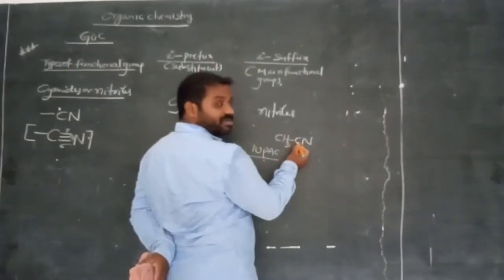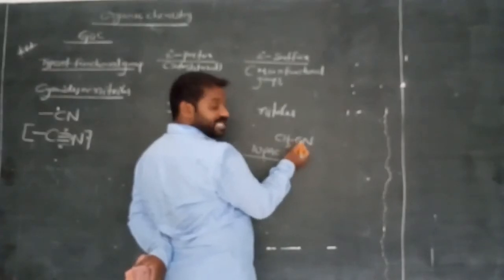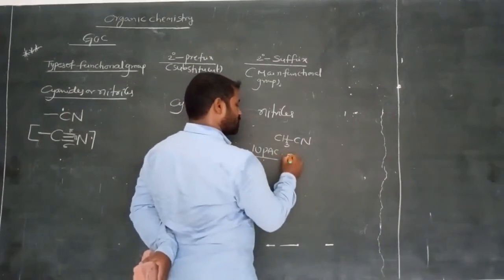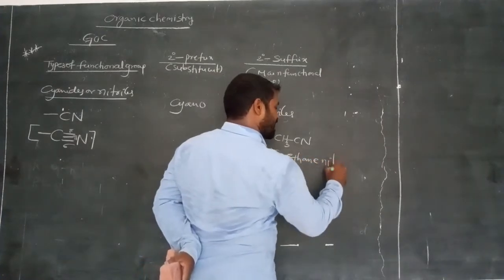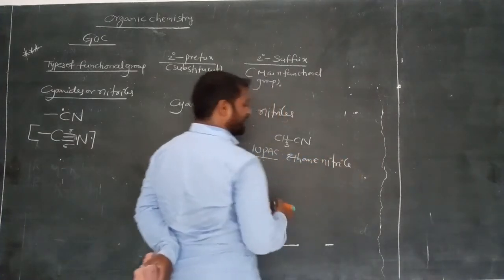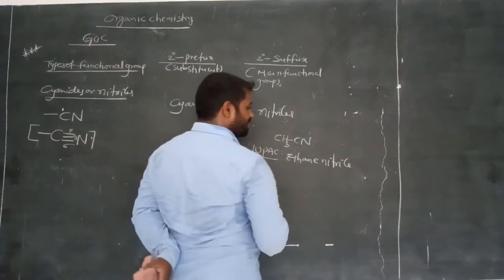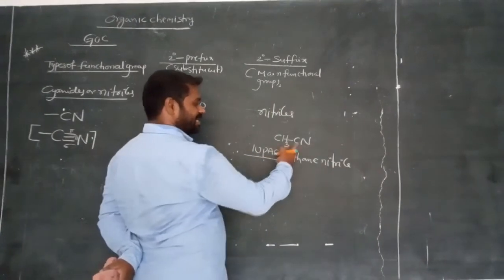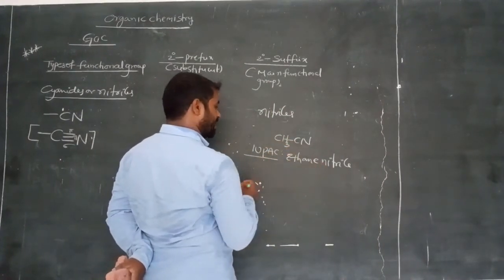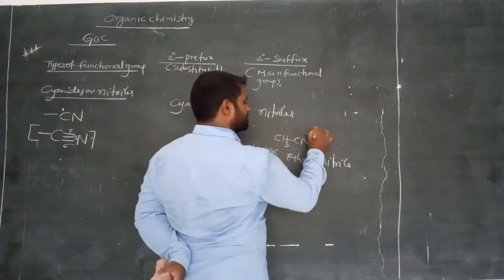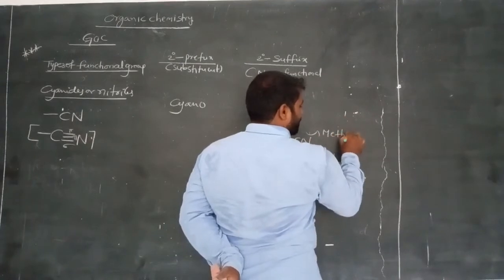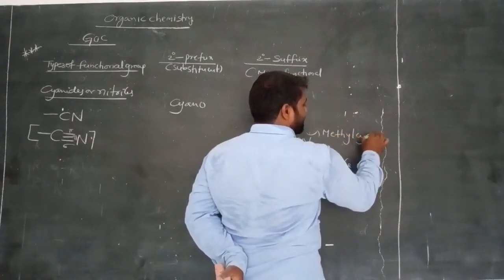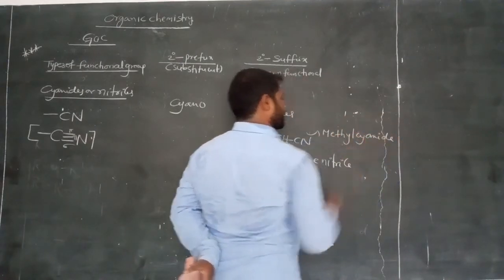This is also countable. The functional group consists of carbon. Cyanide functional group, 2 carbons. So now ethane nitrile. CN is there. Ethane nitrile. 2 carbons. So ethane nitrile. Its common name is methyl cyanide. Remember this. Okay.